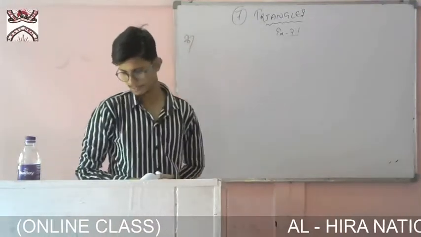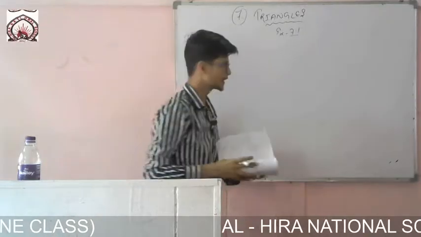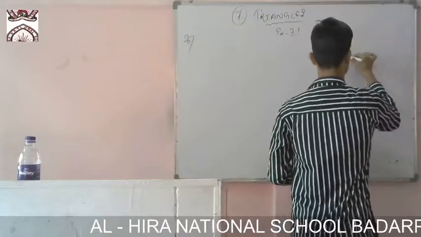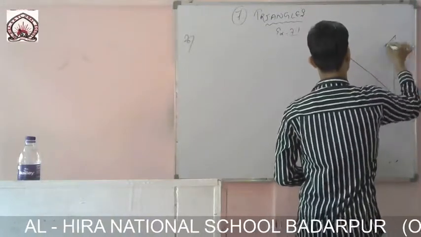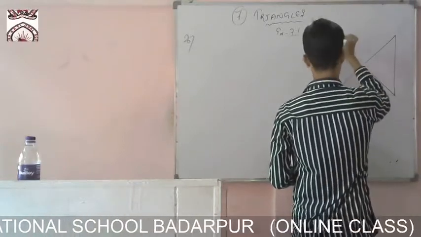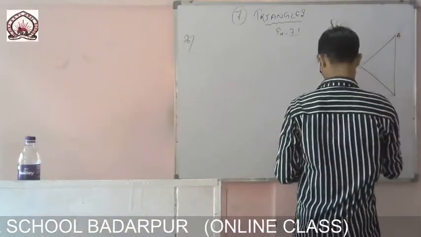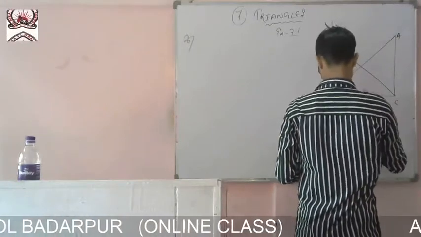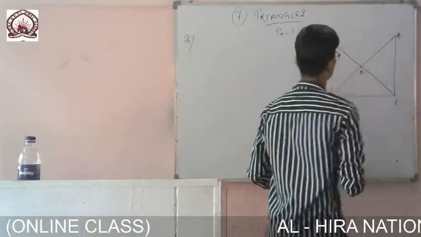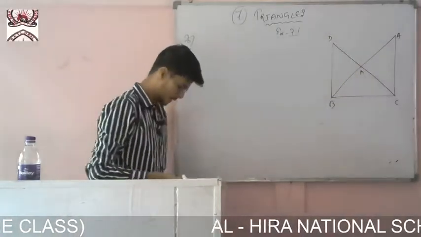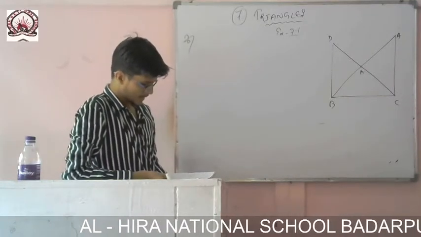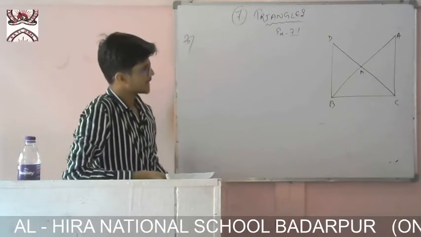Question number 8, you see. So triangle, let me draw it and then I will make you understand. And this point is given as point M. What is given: in right triangle ABC, right angle at C, M is the midpoint of the hypotenuse AB.